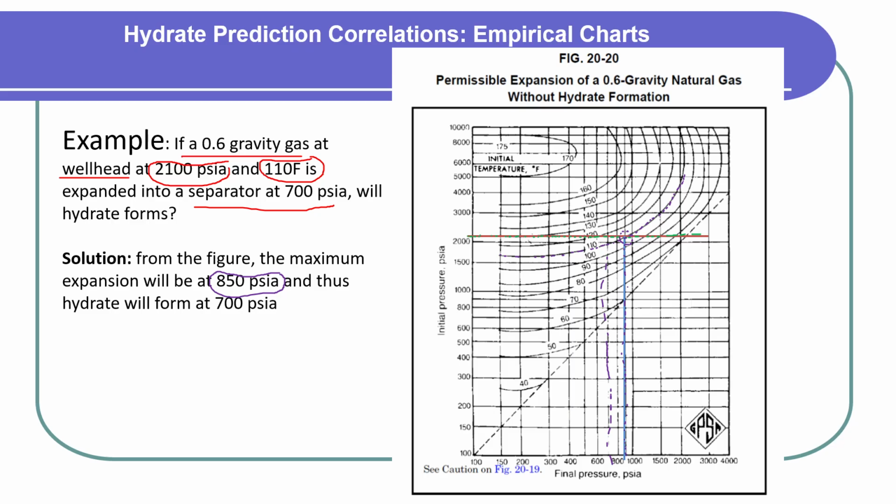If I'm expanding the gas from 2100 to 850 psi, the hydrate will not form. Since my separator goes to 700 psi, my system will experience what we call hydrate formation. So I hope this demonstration is clear for you.